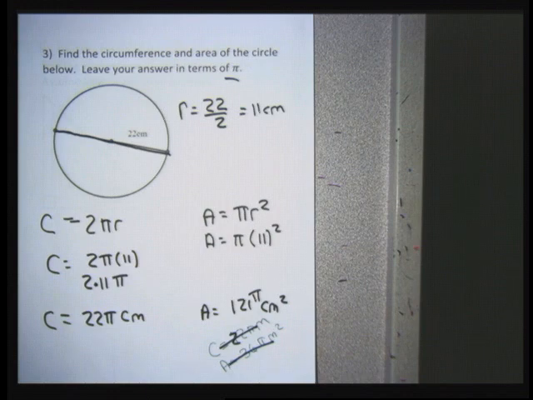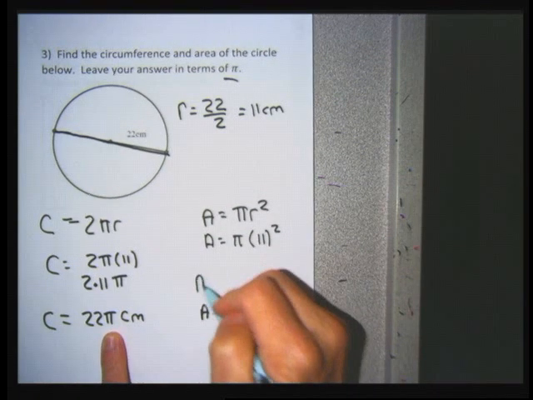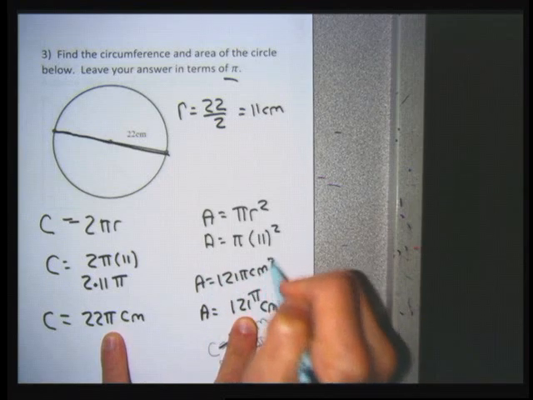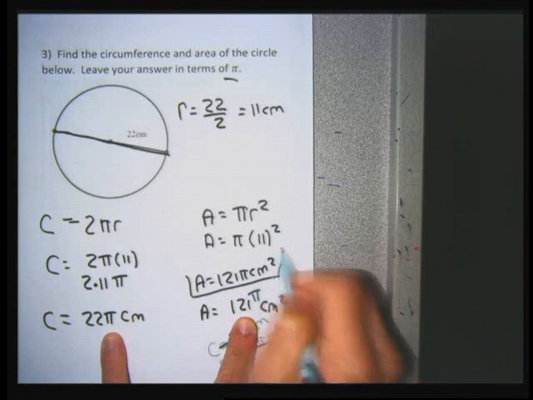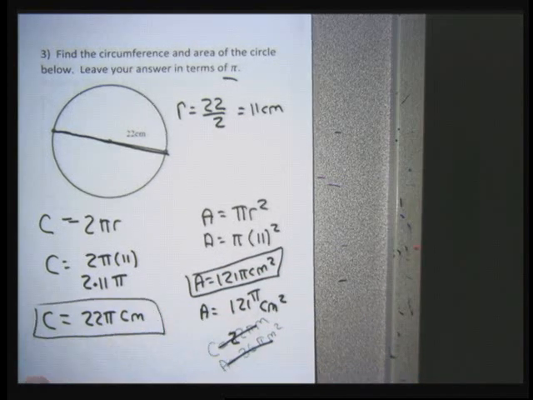So I need to find the radius. Radius is half of 22, which is 11. Circumference, 2 times pi times 11, 22 pi feels good. Area, 11 squared. Those feel really good for area and circumference. So area should be written as 121 pi centimeters squared. I usually use A for area just to speed up the process, and C for circumference.